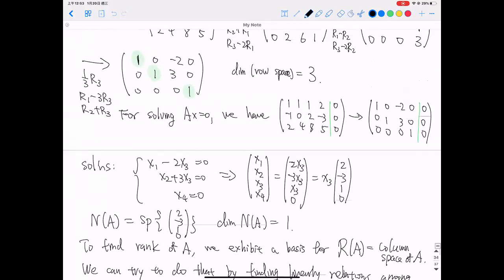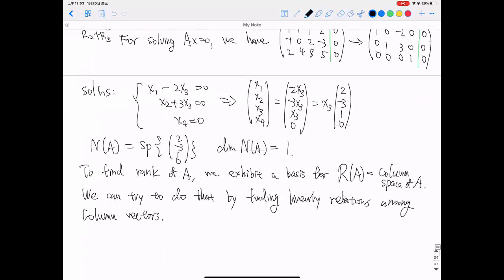Okay, the column vectors are, well, this guy's 1, minus 1, 2, 1, 0, 4, 1, 2, 8, 2, minus 3, 5. Right, these four vectors, we know that these four vectors span the range.